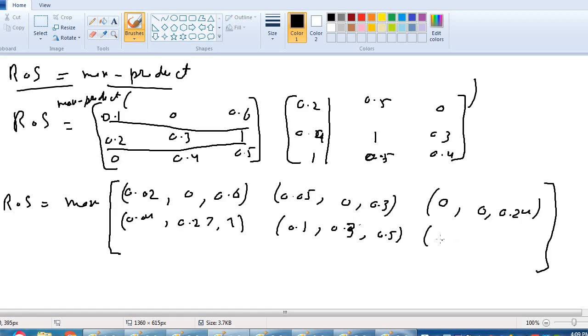Similarly, we get 0, 0.09, this is just multiplication, 0.4.